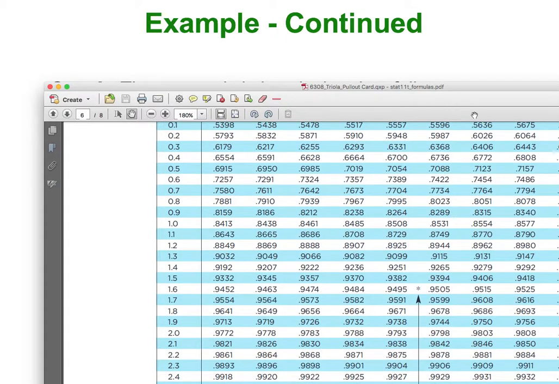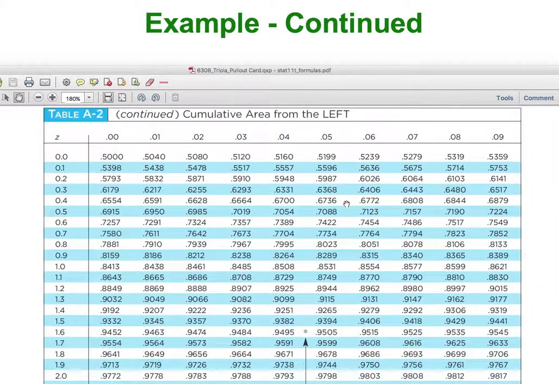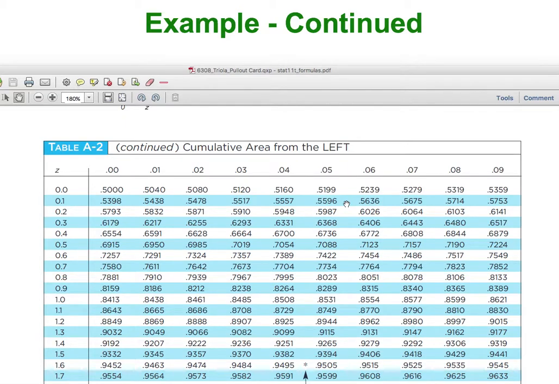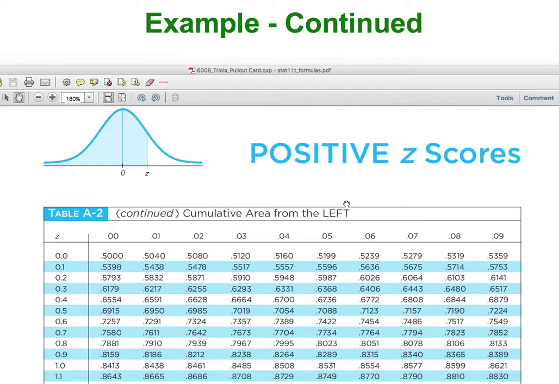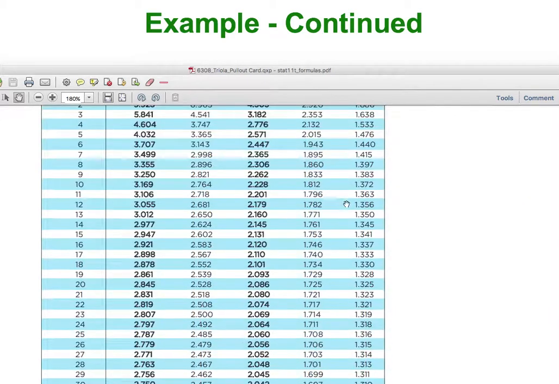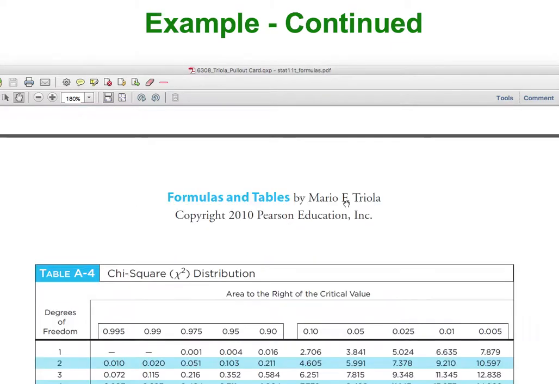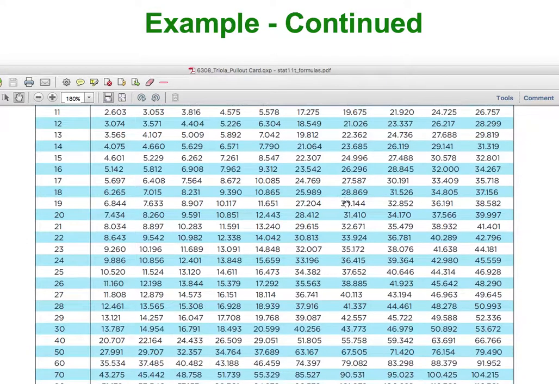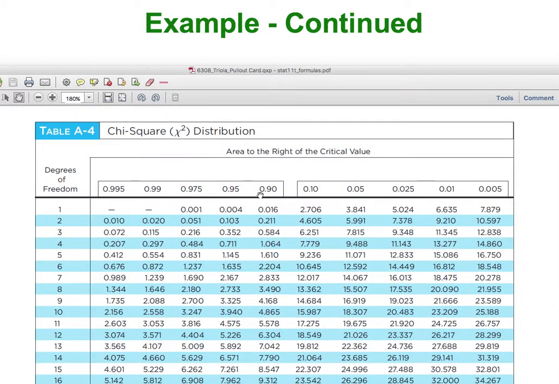Because this is a left tail test, and oops, sorry, these are the z-scores. I'll get this straight in a second. It's the next table, not the prior table. Sorry. So because we have a left tail test and our area in the left tail is 0.05, then the area to the right is 0.95.